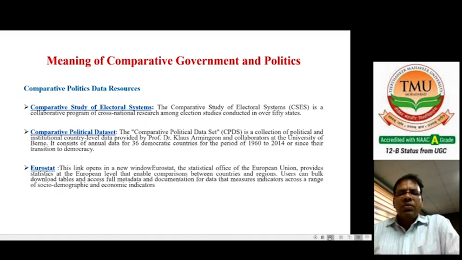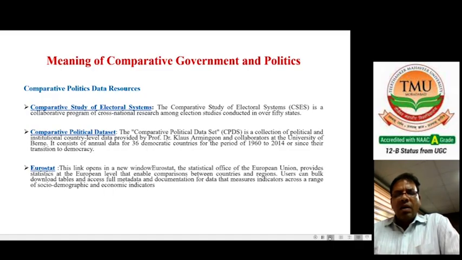Next, the institution called Eurostat. Eurostat is the statistical office of the European Union that provides statistics at the European level and enables comparisons between countries and regions.